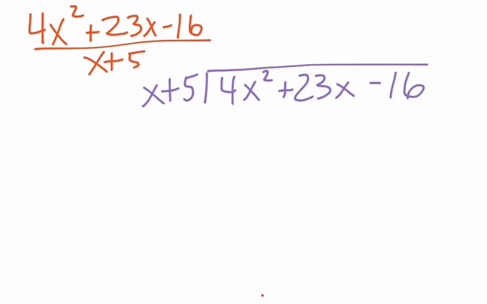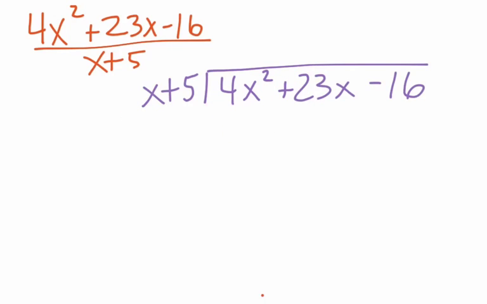The question we ask ourselves is going to be the same question, except if I say how many times does x go into 4x squared, that's a really awkward question to ask. And so it's much more comfortable, and you'll see why I did it in the numbers problem, is I'm going to ask it this way. What do I multiply x by to get 4x squared?